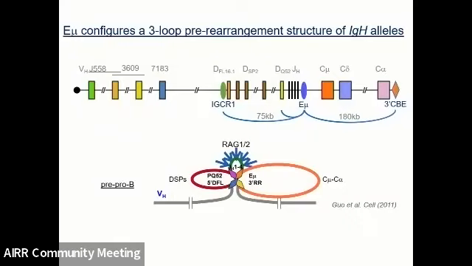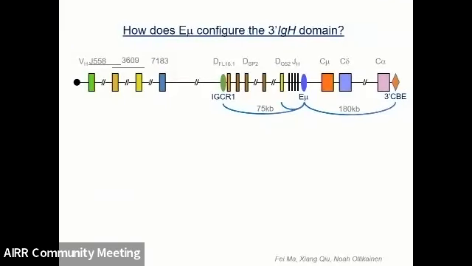Okay, so with the relative explanatory potential of this configuration, our next question was, how does the enhancer configure this structure to the locus prior to the initiation of recombination?